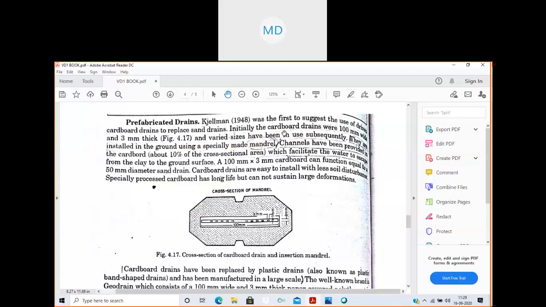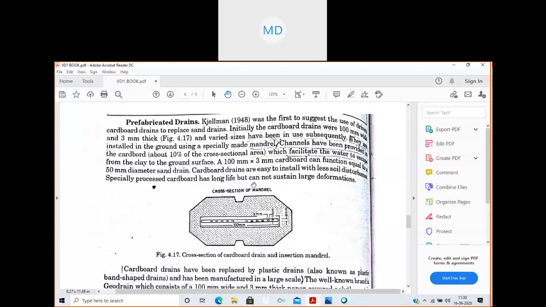Initially, the cardboard drains were 100 mm wide and 3 mm thick. This is the mandrel section, the dotted portion. You can see it is the mandrel, and inside this the cardboard drain is put. These dots you can see are the pores made in the drains. Then, after inserting the drain into the ground in the vertical direction, the mandrel is withdrawn.